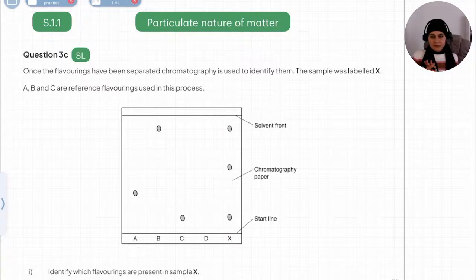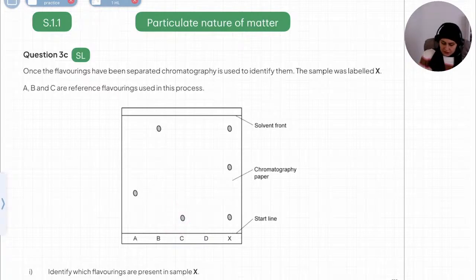With chromatography, we can never tell for sure, right? Maybe one spot would contain a mixture, unless you do some other test. But here, what do we know? You see, substance C traveled this far, and substance X also has this spot, right? It means that substance X had substance C in the mixture.